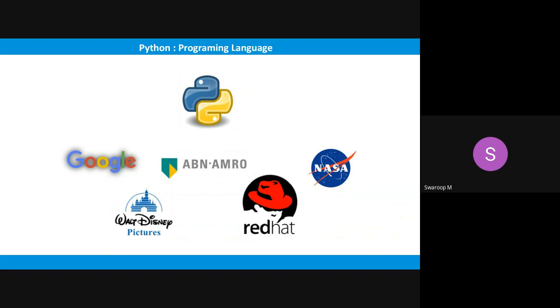Now the era is about information, artificial intelligence, and robotics. If I want to develop a product for my business purpose or any R&D level, then I have to choose a language which is easy to work with and which supports multiple libraries with open source, that means free of cost.